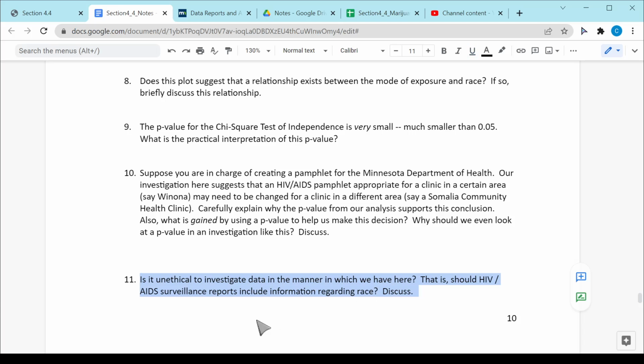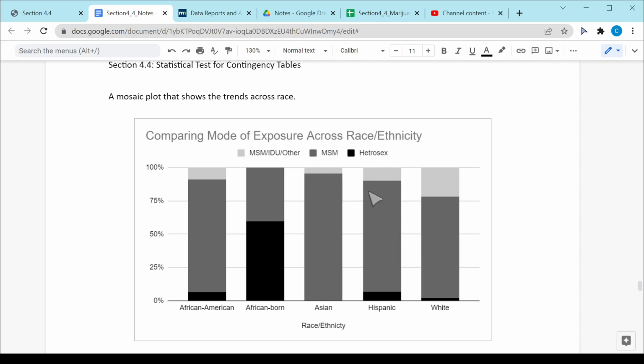Maybe number 11. Is it unethical to investigate data in this manner, where I'm trying to understand the relationship between how people get HIV or AIDS and different races and ethnicities? Some people are going to push back on this and say that we shouldn't be doing these types of things. I think that taking this into consideration could make us more successful.